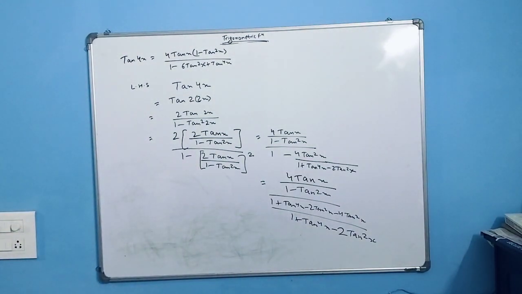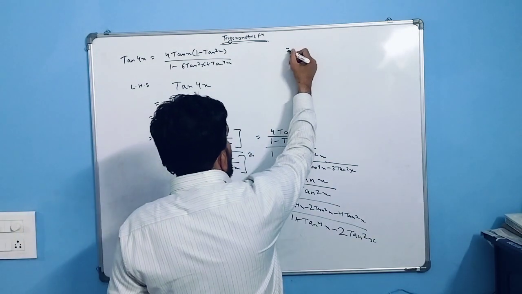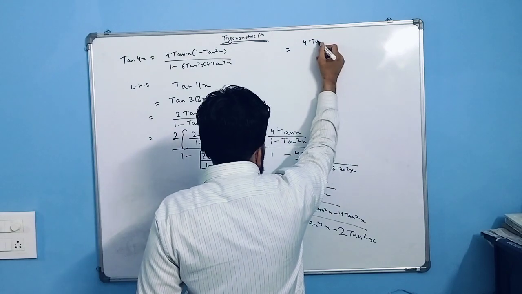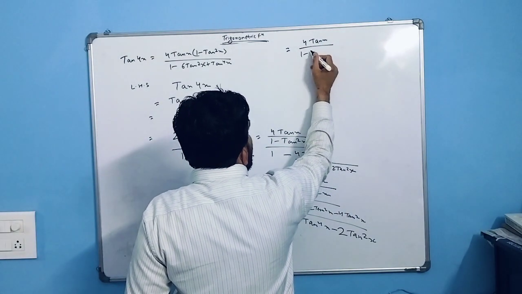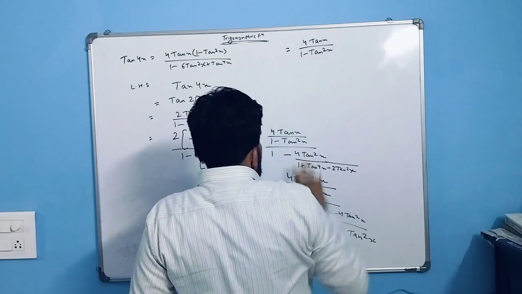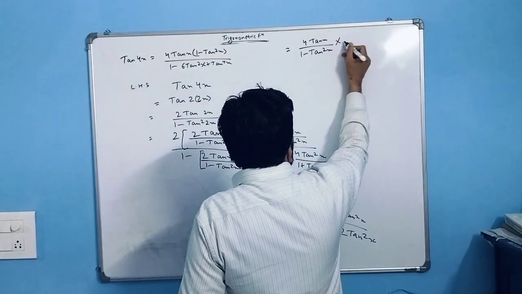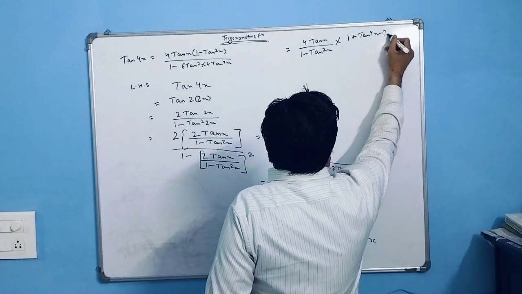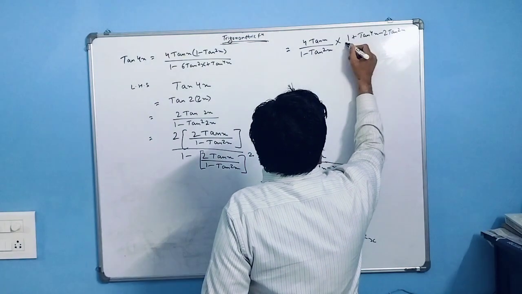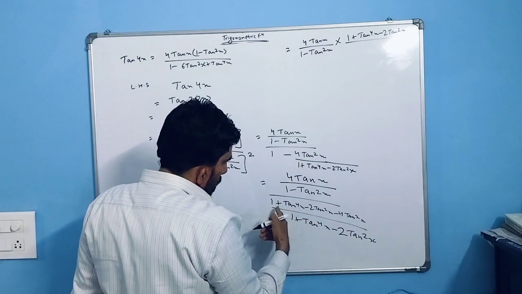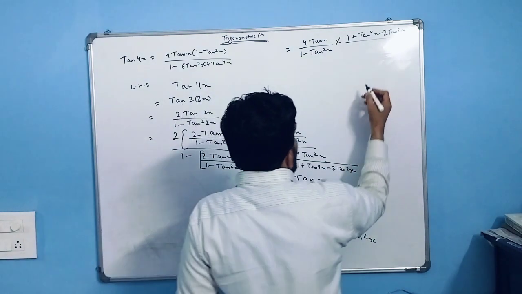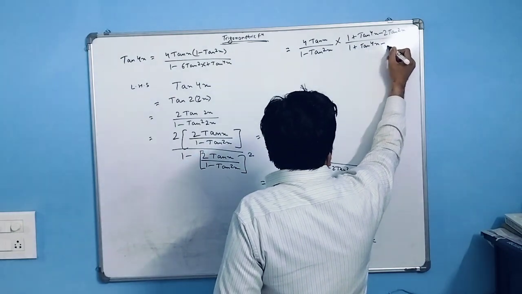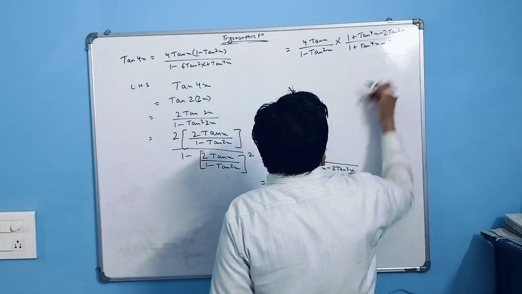So now my next step will be, I'll put it here, 4 tan x upon 1 minus tan square x. Now take the upper side, 1 plus tan to the power 4 x minus 2 tan square x, and I will do this: 1 plus tan to the power 4 x, minus 2 minus 4, minus 6. So I will get 1 plus tan to the power 4 x minus 6 tan square x. Okay.